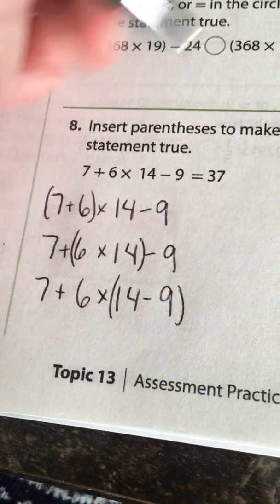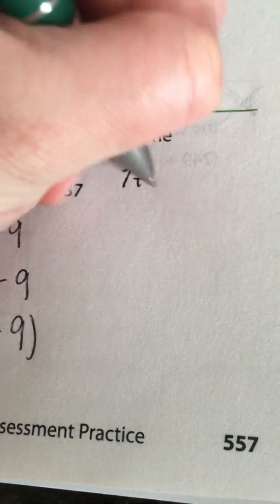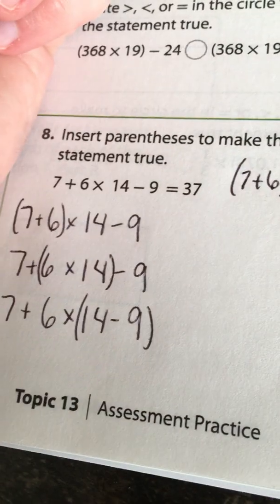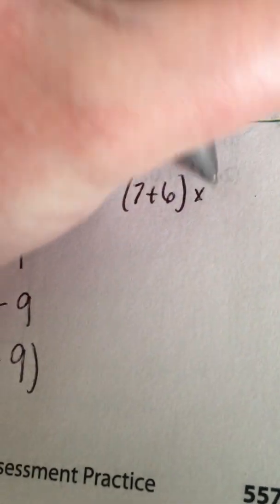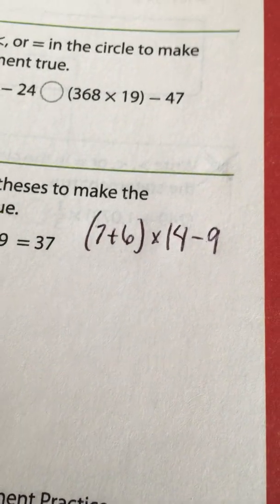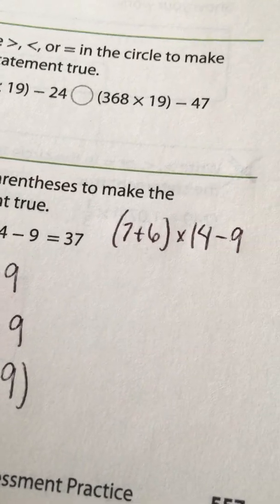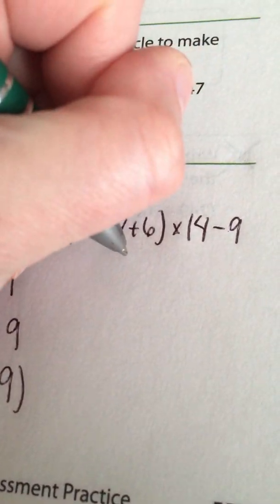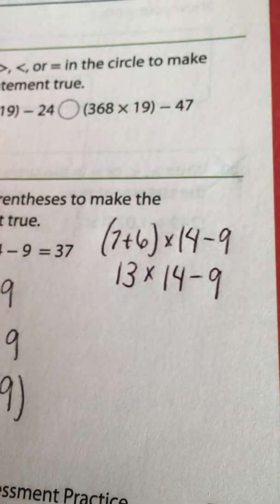Okay, so I'm going to do the first one first. So the first one has the parentheses around the first two numbers. So 7 plus 6 times 14 minus 9. All right. 7 plus 6 is 13 times 14 minus 9.